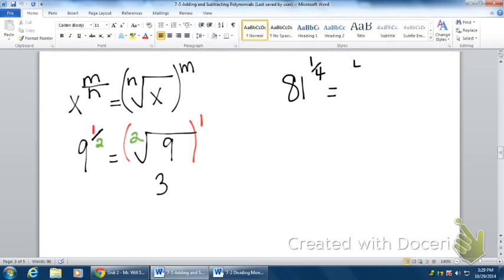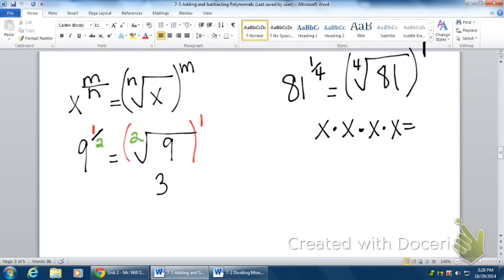So we're finding the 4th root of 81, and this would be raised to 1. Whenever you have that, the 4th root means what times what times what times what equals 81. You guys notice how I have 1, 2, 3, 4, the same number as my denominator? That's what that means.